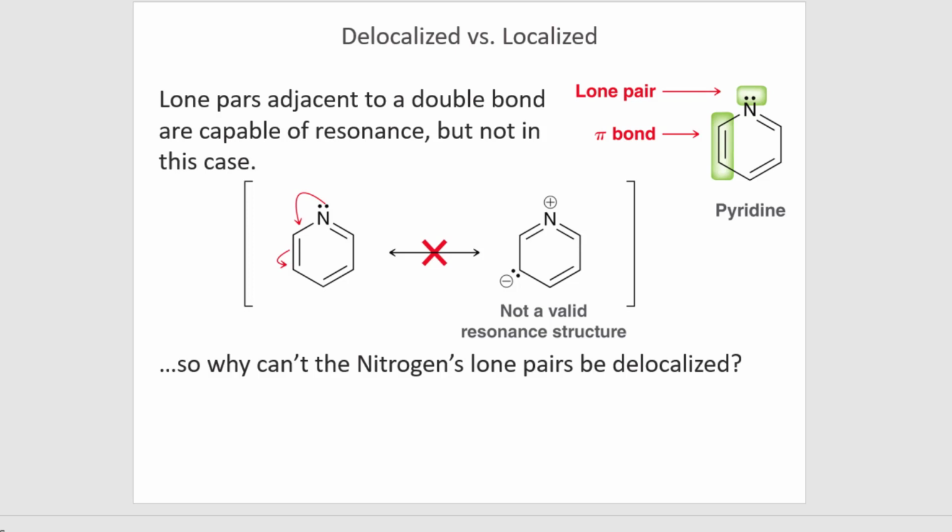Why is that the case? Let me just draw this molecule out for you again. Okay, so understand that if I had this ring, I'm going to draw just the sigma framework with the nitrogen right here. Those are the sigma bonds. There's hydrogen, hydrogen, hydrogen, hydrogen, and hydrogen. Every single one of these has a p orbital.